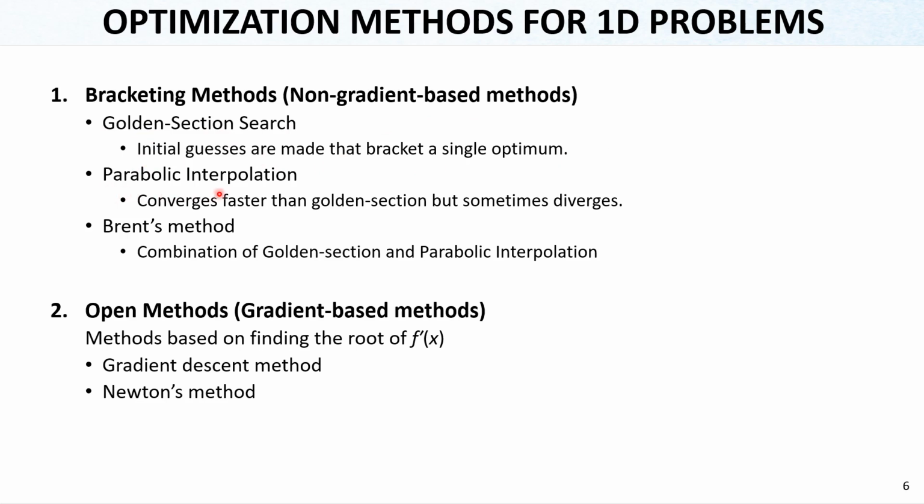There is also parabolic interpolation. This can converge faster than golden section, but sometimes can diverge. And there is also Brent's method, which is a combination of golden section search and parabolic interpolation. Let's see these two in order, starting with the bracketing methods first in the following slides.